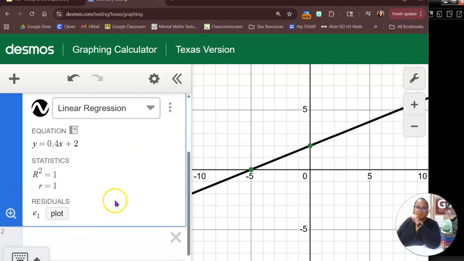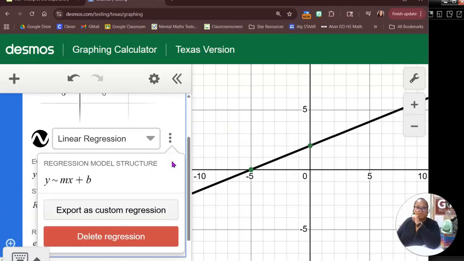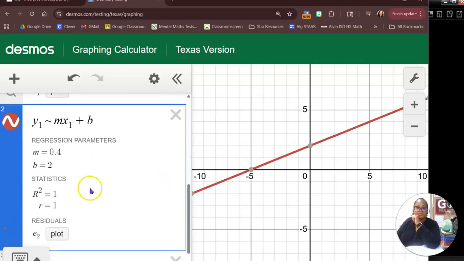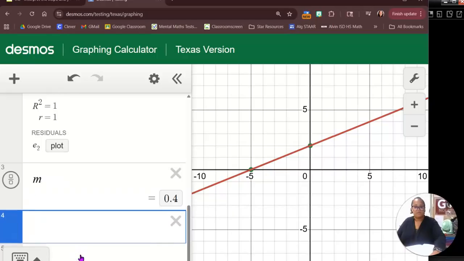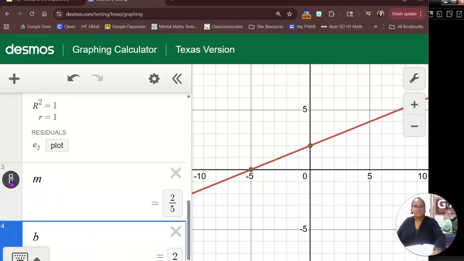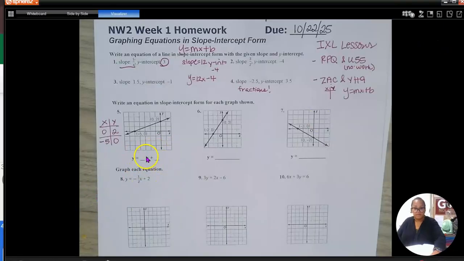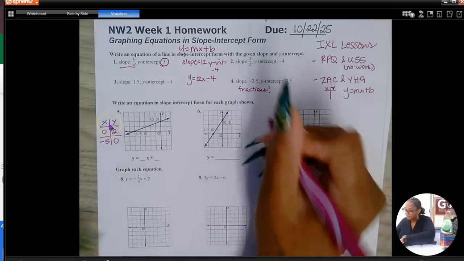Remember, I want them in fraction form. So come here, click Export Custom Regression, and then down here type the m and the b, and then convert m into a fraction. So you'll have 2/5 x plus 2. Then I'll put that right here. Over here, make a table.